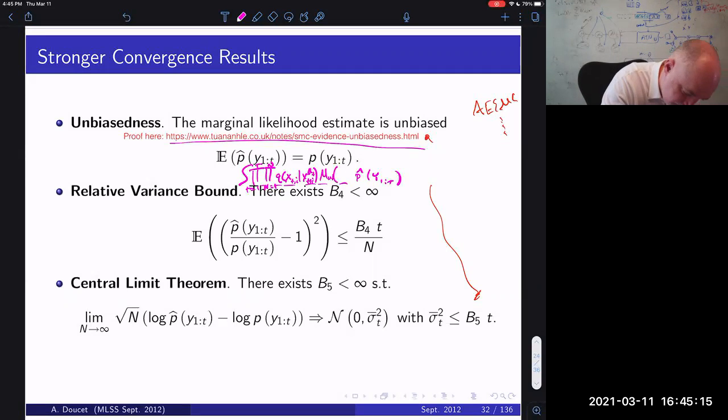And then there's going to be a multinomial of ancestor given weights for all of those pairs.